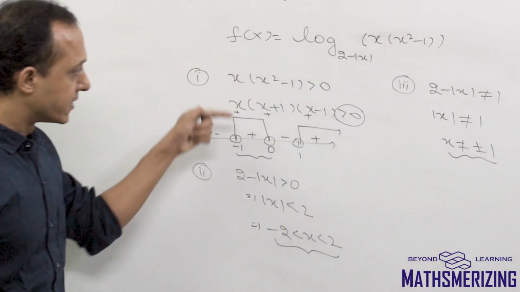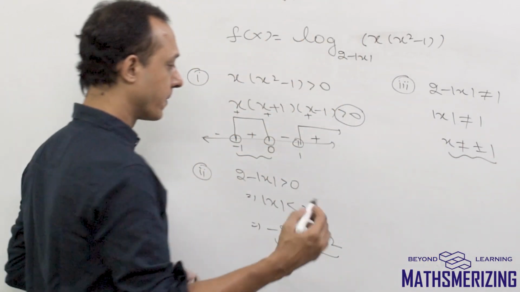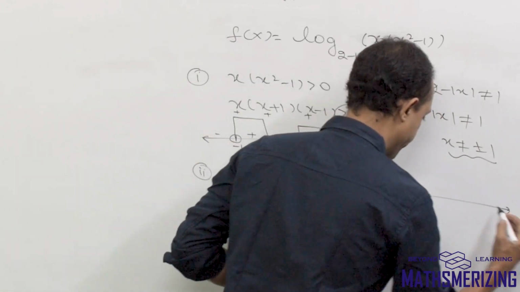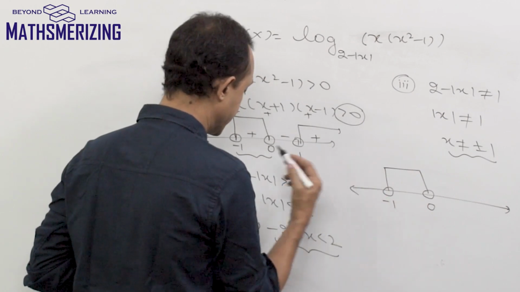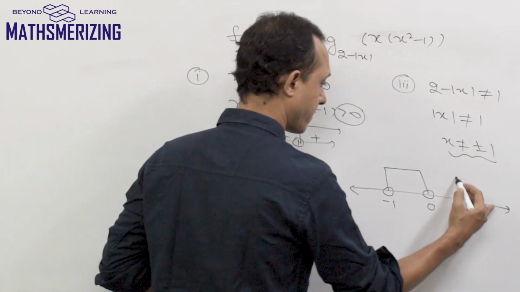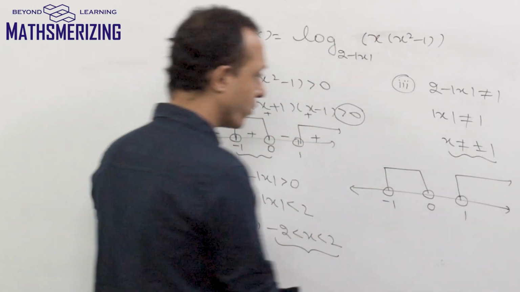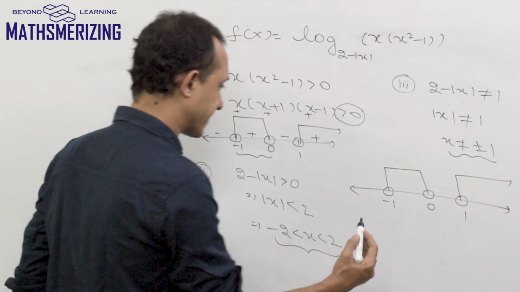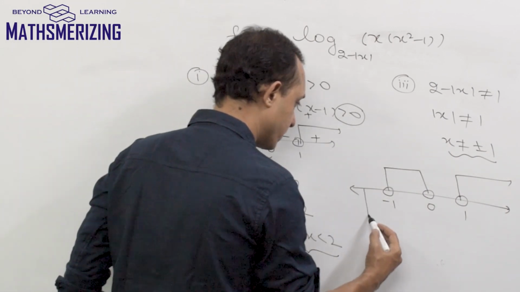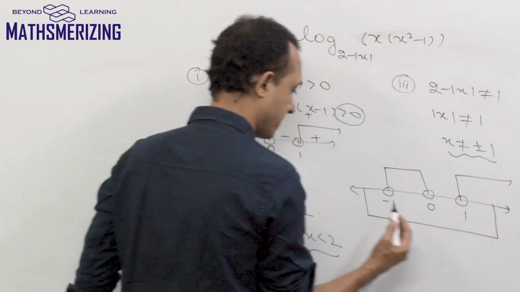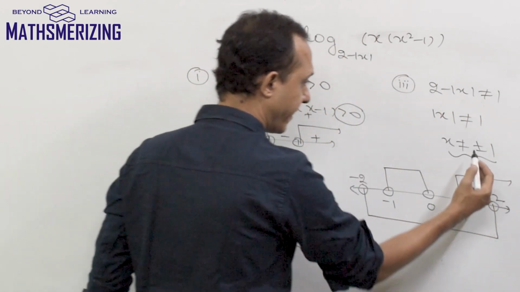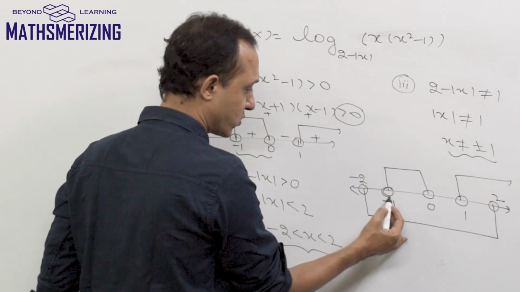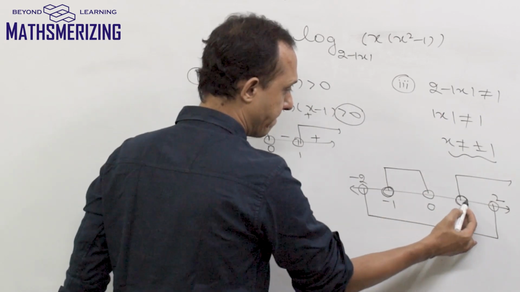Now I need to take the intersection of all three conditions. So I'll draw a number line and write all three solutions. x lies between minus 1 and 0, or x is greater than 1, or x lies between minus 2 and plus 2, and then x should not take the value minus 1 and should not take the value plus 1.